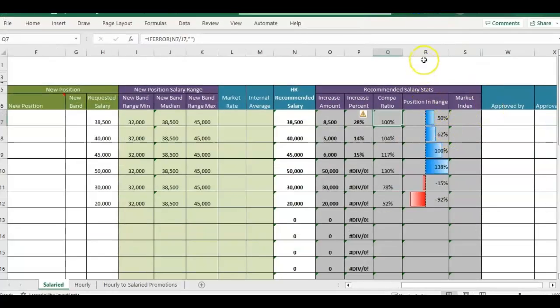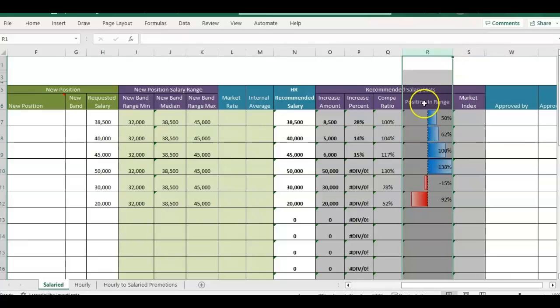We're going to be adding this bar graphic into the cell for position and range, and we can do it different colors. This is showing us how much above or below the position and range. So it's only going into the negative when someone goes below the range minimum. So you can highlight people that are below the minimum of the range here.